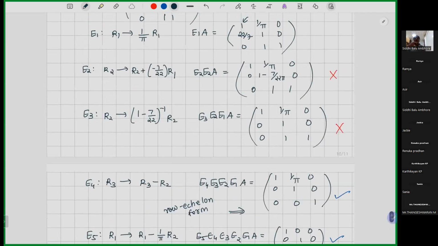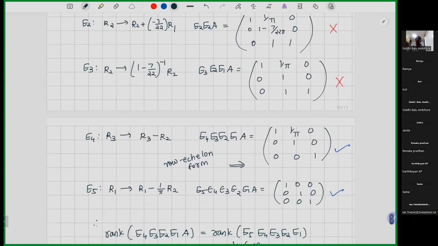Is it clear? I just applied row operations to obtain a matrix in row echelon form. So even if I had stopped here, this is a row echelon matrix, because there is a 1 starting and everything below it is 0. This is also a non-zero 1 in the second row. Everything below that in the second column is 0.